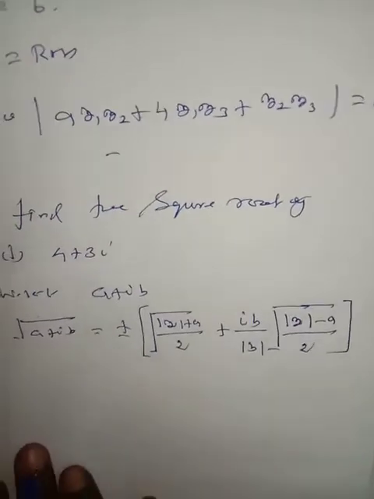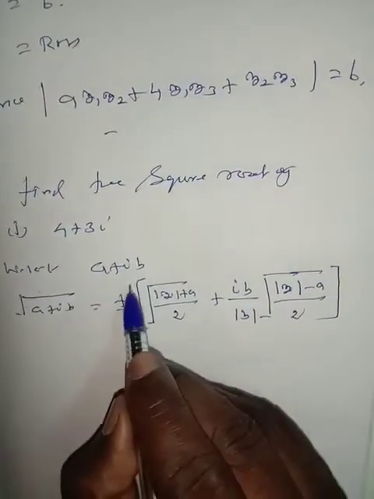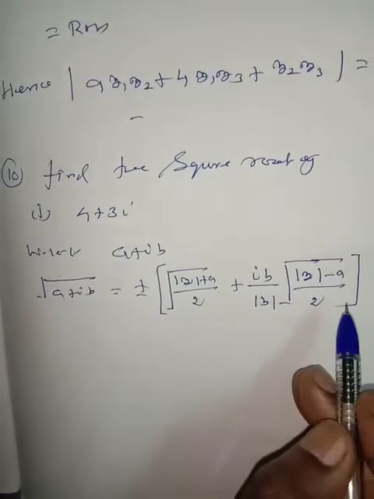This is the format. A plus ib is a complex number, and the square root of the complex number is this one.